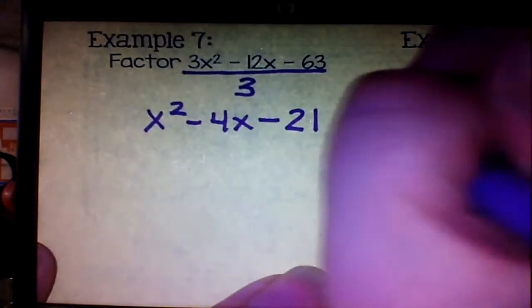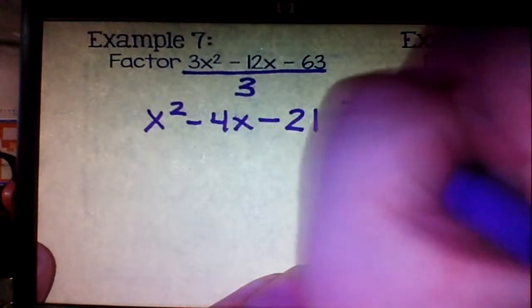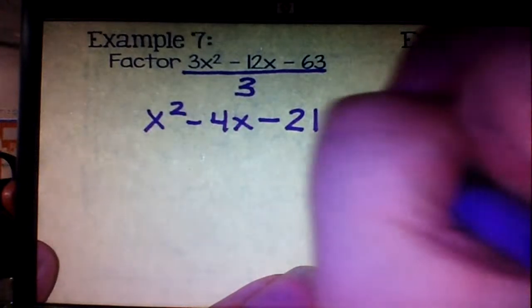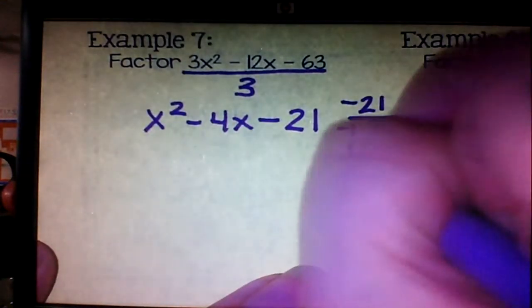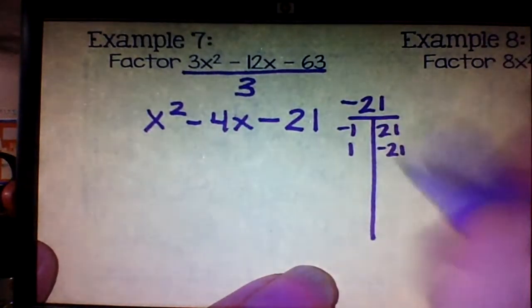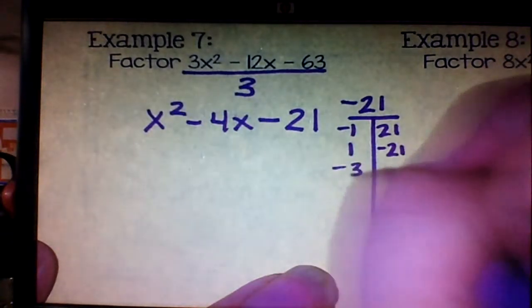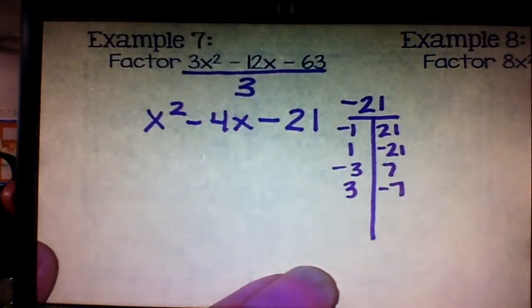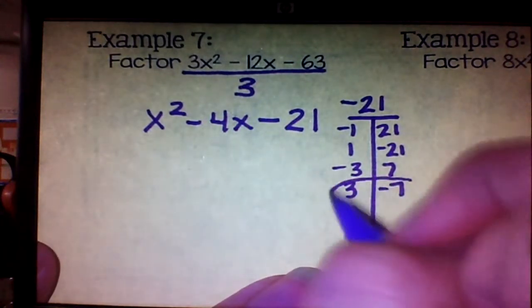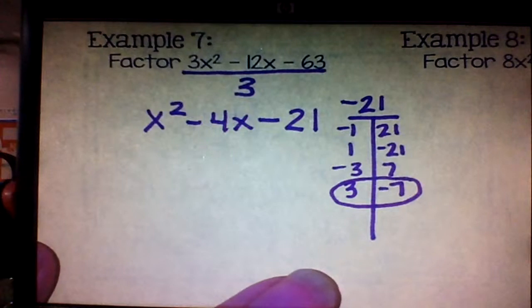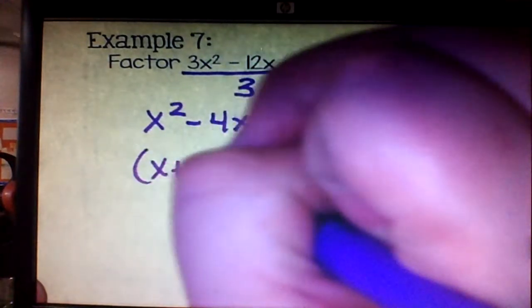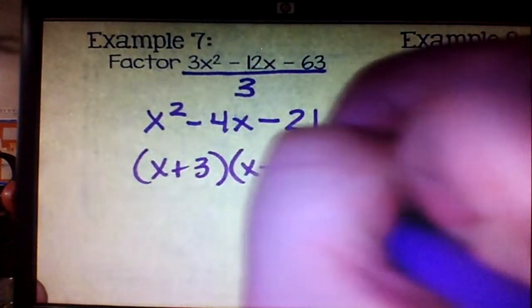So now I need factors of -21. -1 and 21, +1 and -21. -3 and 7, +3 and -7. That one's it. +3 and -7 give me -4. So this is x plus 3 and x minus 7.